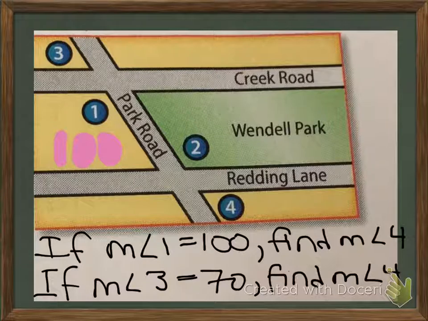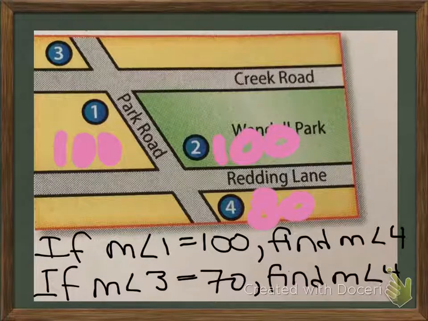Angles 1 and 2, if you notice, are inside the parallel lines, so they're interior, and they alternate on Park Road, which is the transversal, so that makes them congruent. That makes angle 2 also 100. Now if we have angle 2 as 100 and we're finding angle 4, those two would be supplementary because of the supplement theorem, and they form a linear pair, so that makes angle 4 80.